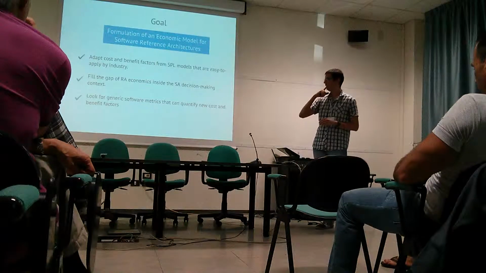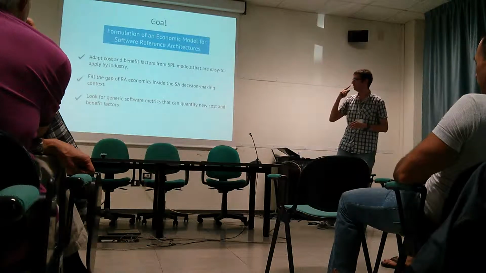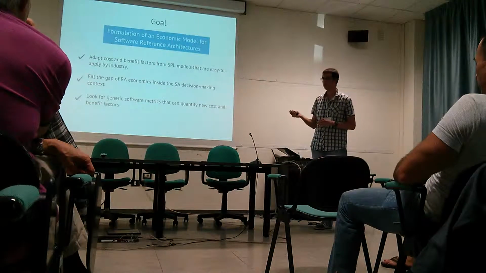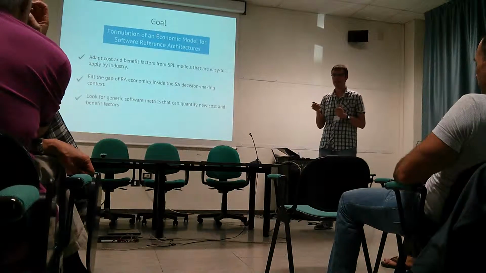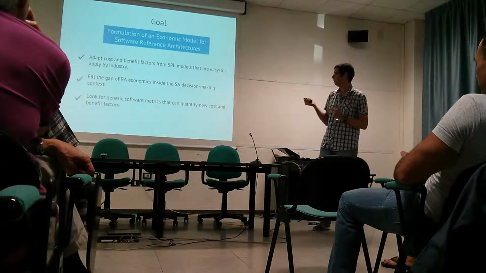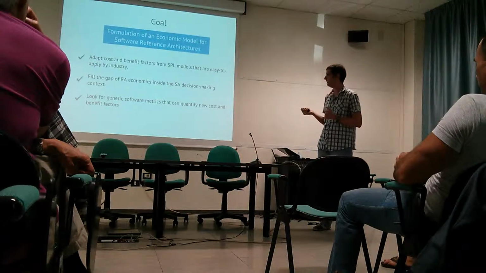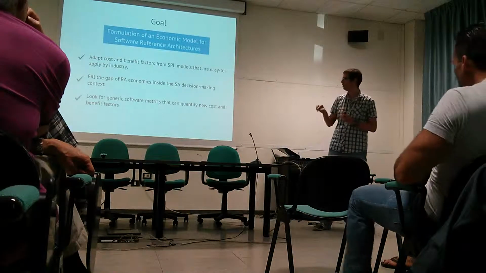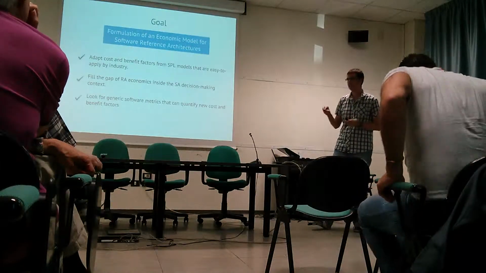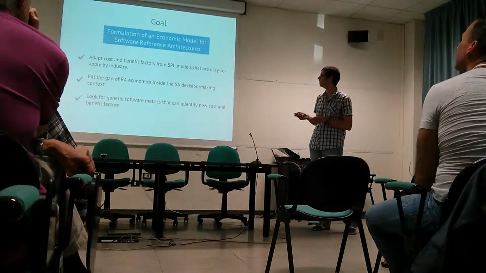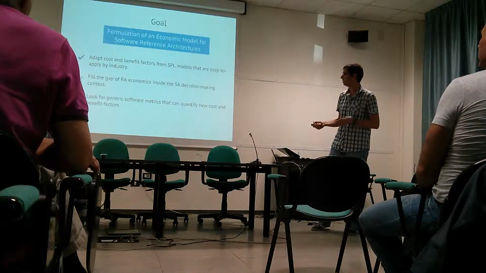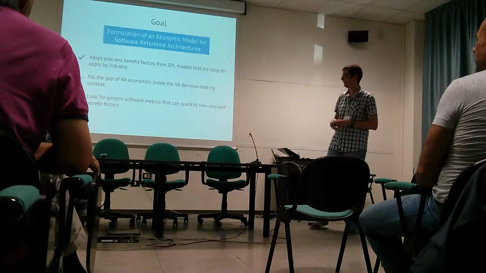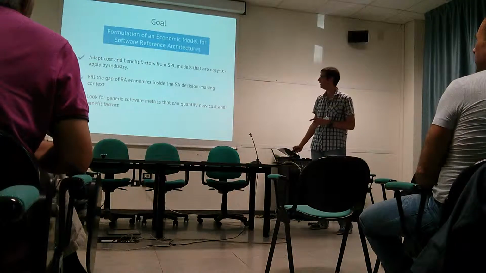The second thing that we take into account is that there are also methods like PBAM for decision making in software architecture, but we want to go a little bit further. Something more specific for software reference architectures, and we have also used some generic software metrics to complete the model.